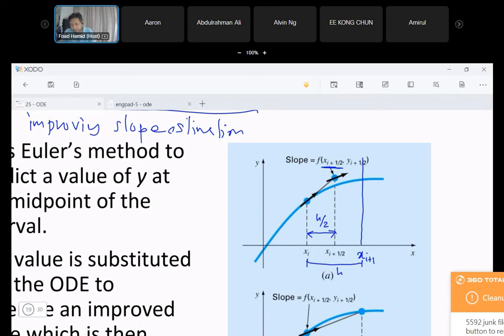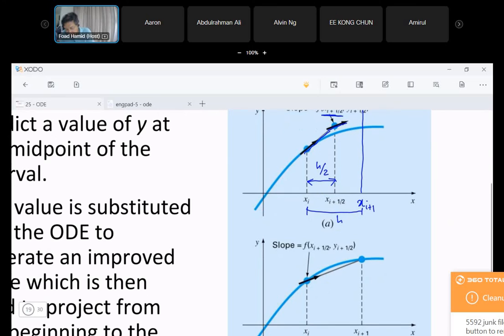Okay, so this slope, let's talk about again the idea here. We are not using this slope to predict our new point, but we are using this slope here. Note that this is h, but the slope here is the one that we are using for the midpoint, x i plus half, y i plus half.